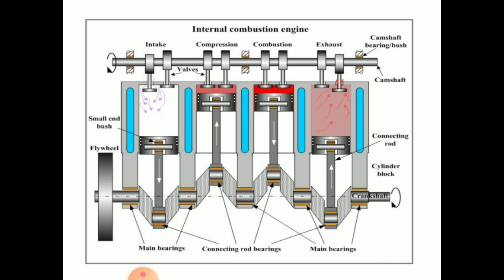Here you can see the cross cut section area of the internal combustion engine, that is your valves, inlet valve and exhaust valve. Here is your piston, connecting rod, cylinder block, crankshaft, main bearings.